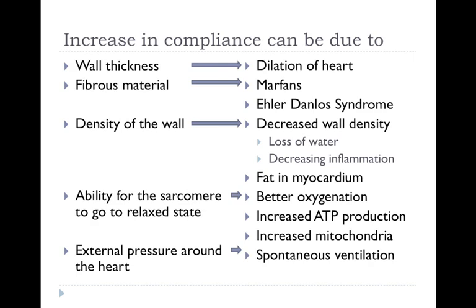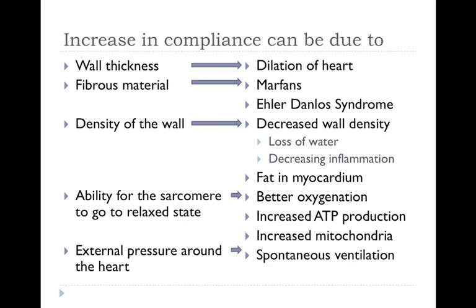You can also alter the density of the wall by having decreased fluid in the myocardium, such as in severely dehydrated states, or decreased inflammation. The other thing that's been reported recently is that the myocardium can also get fat deposition in patients that are morbidly obese, which will also lead to an increase in compliance of the ventricle and eventually dilation of the ventricle.